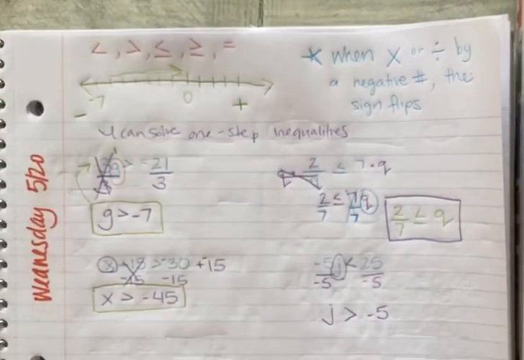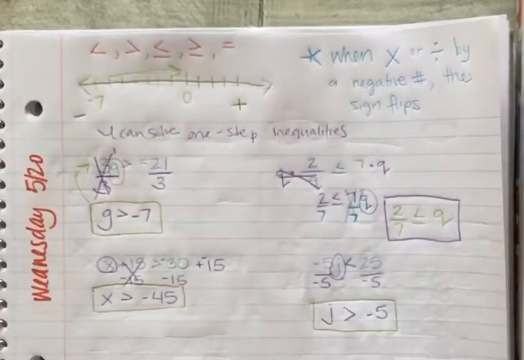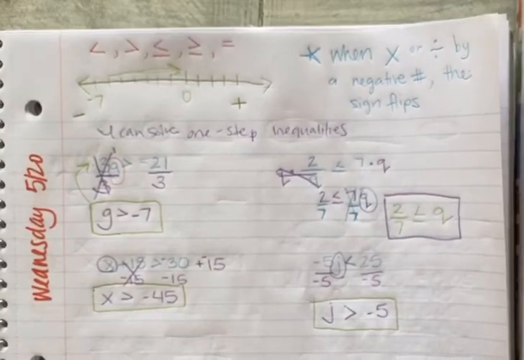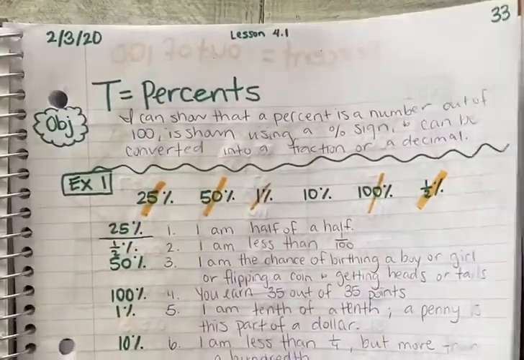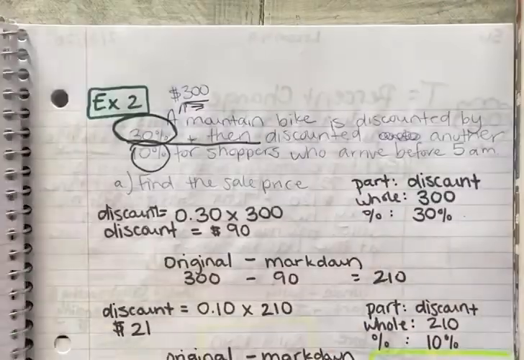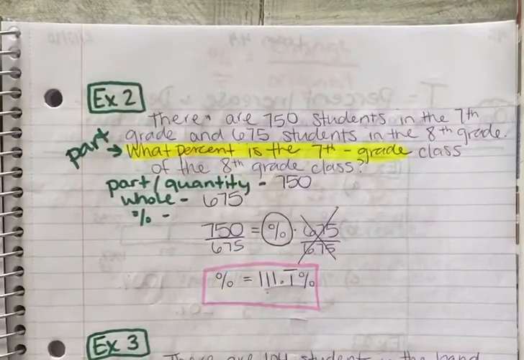And if you're like, what? Why do we just do that? That seems like a random rule. Well, we actually talked about this for multiple lessons back in January. I'm going to see for a second if we have that lesson here. I don't know if we will. Percents, we did lots.